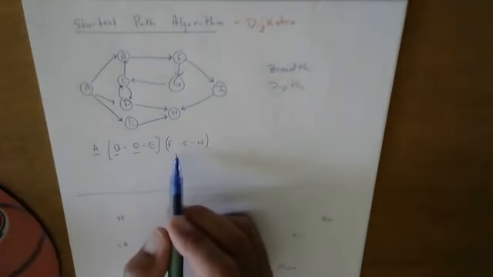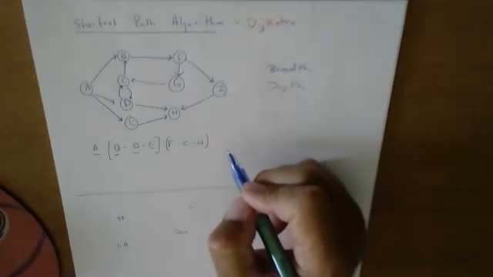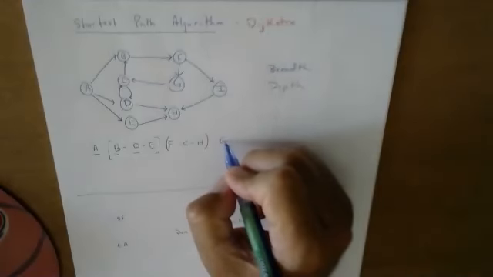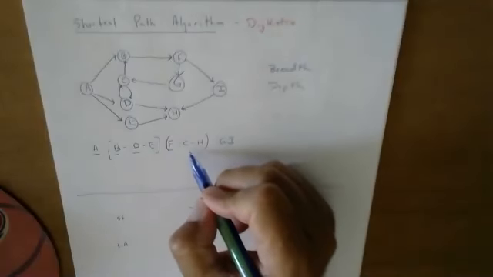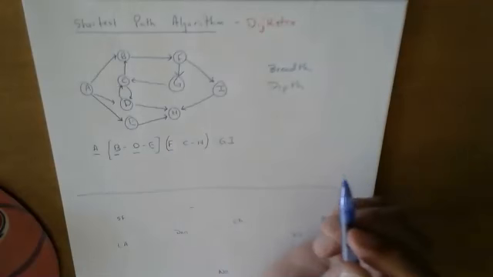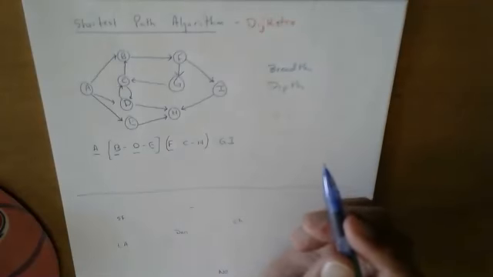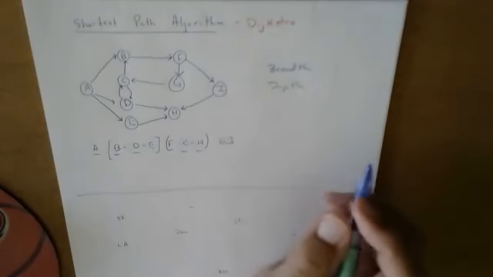Okay. Starting at F, where can I go that hasn't already been gone to? G and I. Okay, took care of F. C, where can it go that hasn't already been gone to? Nowhere. And H can't go anywhere.